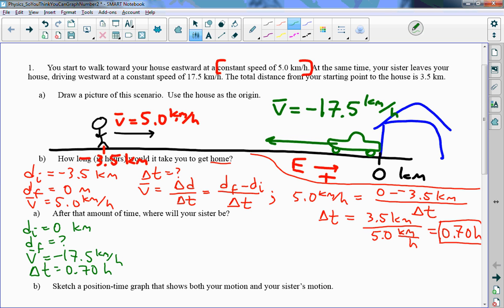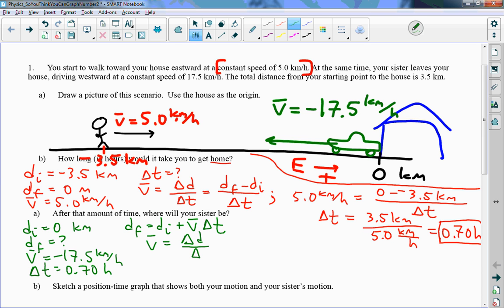So I can use the same formula. There is another option, by the way. This one is in your notes: df equals di plus v times delta t. That's okay to use, but if you want to use the other one, that's fine too.